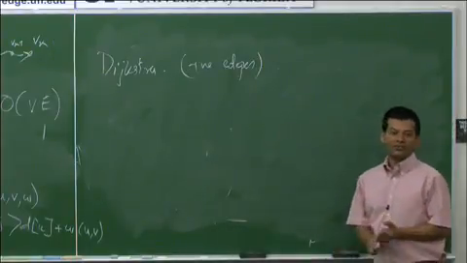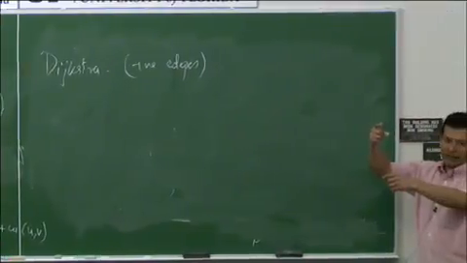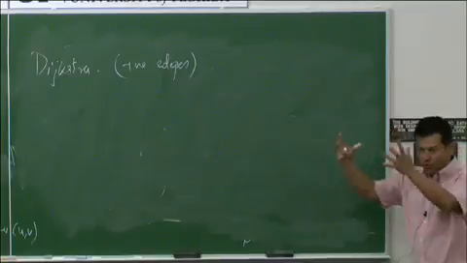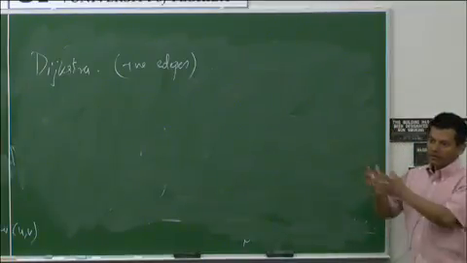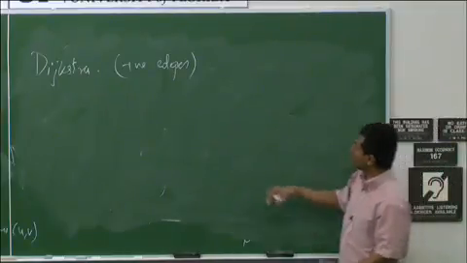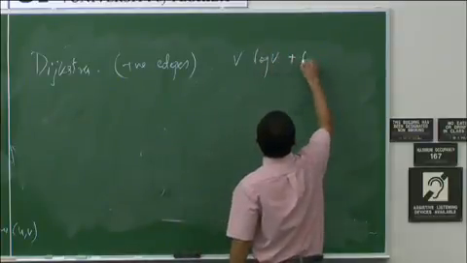What is the time complexity of Dijkstra? Remember what happened? You had a priority queue, you kept popping, and every time you relax some number of edges, in sum total you relaxed E edges, which was E decrease keys, and you popped V times. So, it was V log V plus E log V.